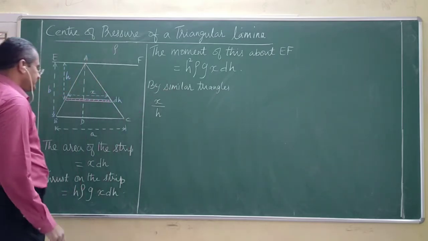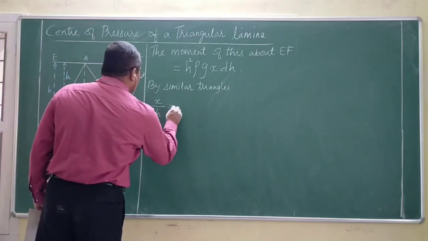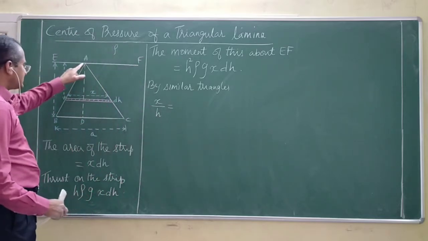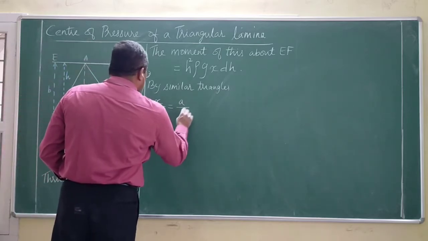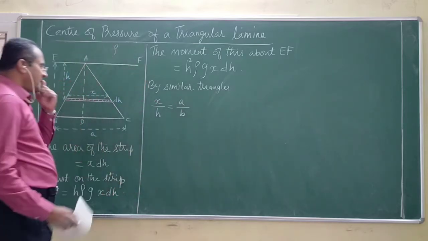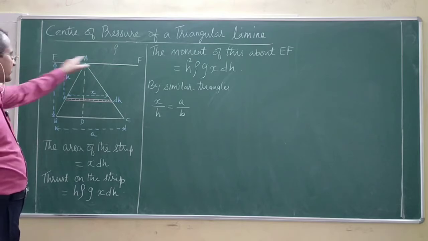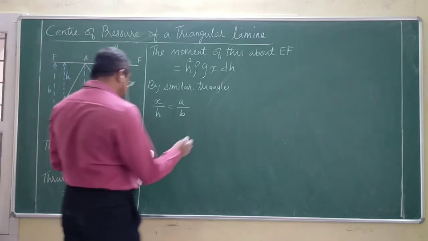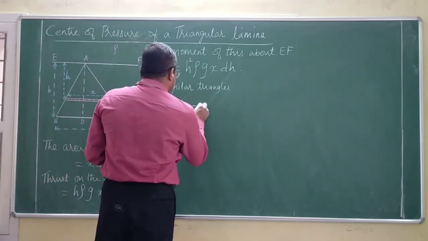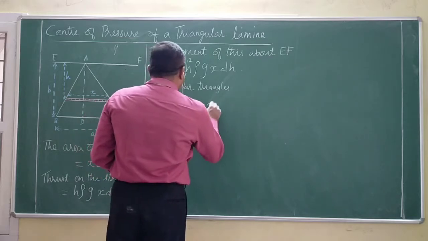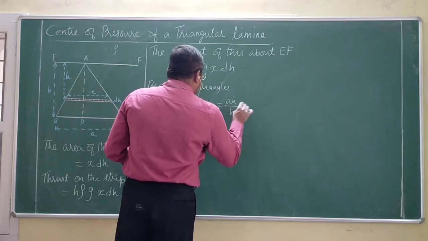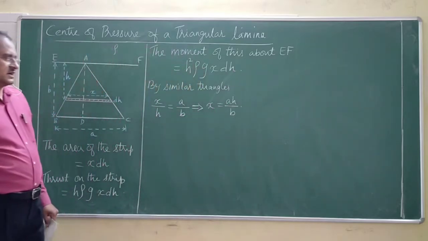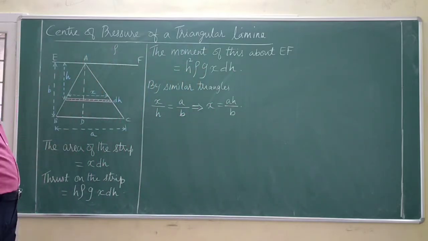So x by h. The same thing I have to apply for this triangle ABC. Its base is a. The depth is b from the surface EF. Therefore, from this, x can be written as a h upon b. I suppose you understand this.